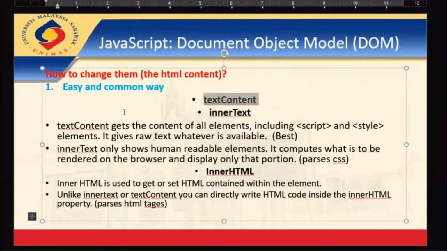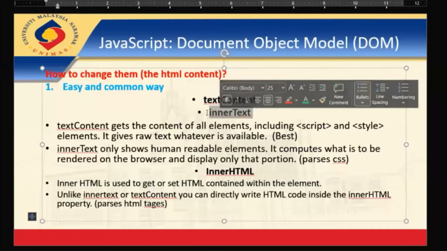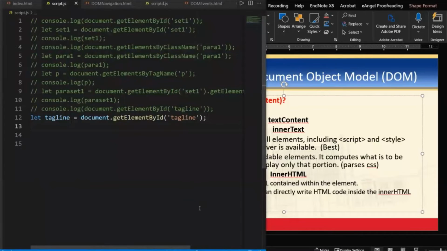You see, any element you can directly access and modify using this property, and in the same way you can use innerText also. Both modify the text of any HTML element. There is a little bit of difference. I will show you that here practically.